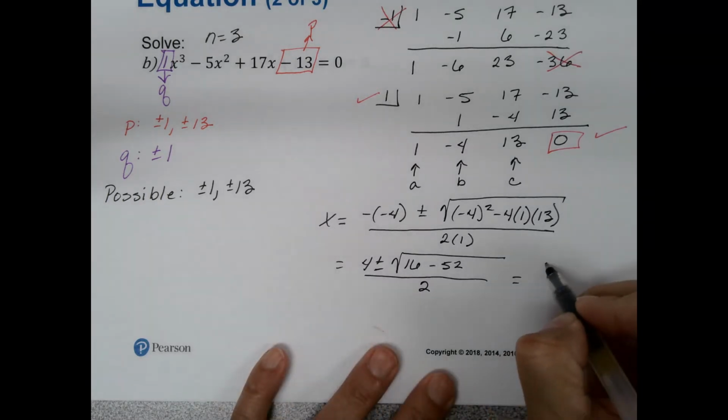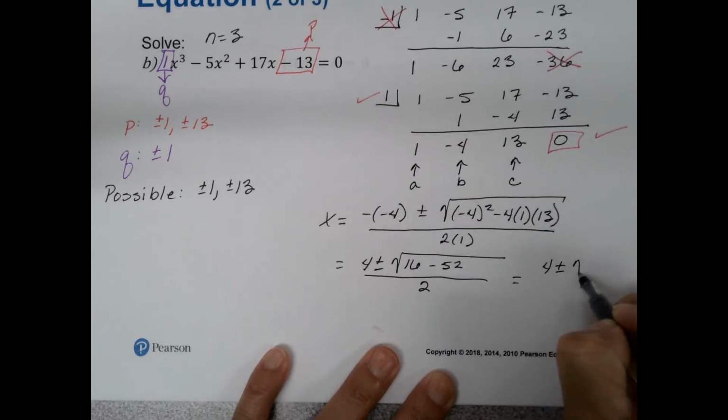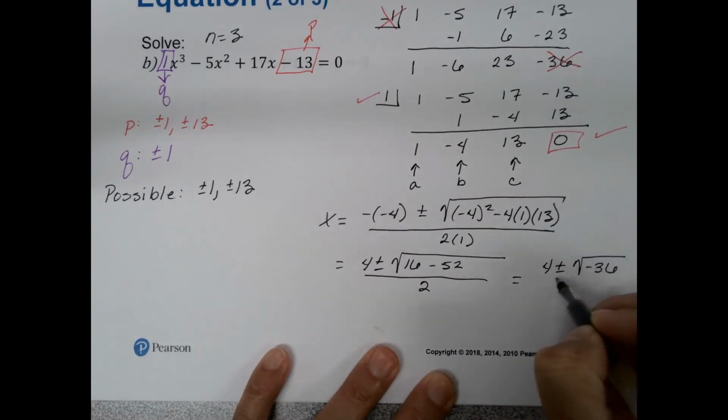So this gives me 4 plus or minus the square root of a -36.